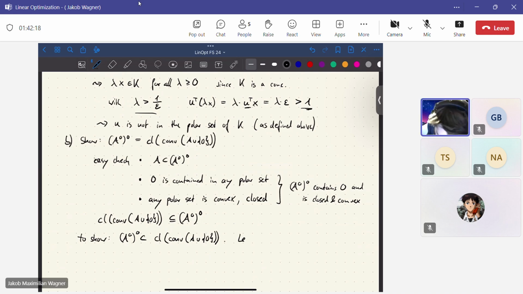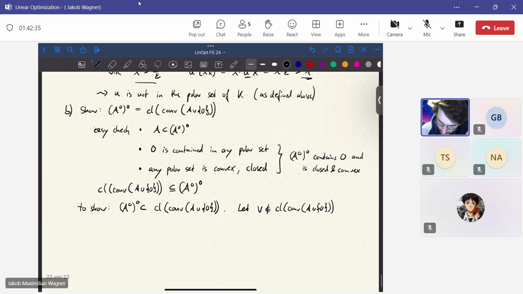So let V not in this closure of the convex hull of A and 0. And we again do this by separating hyperplanes. So we have here again a closed and convex set, and we have a point that's not in this set. So we get that there is a strongly separating hyperplane.